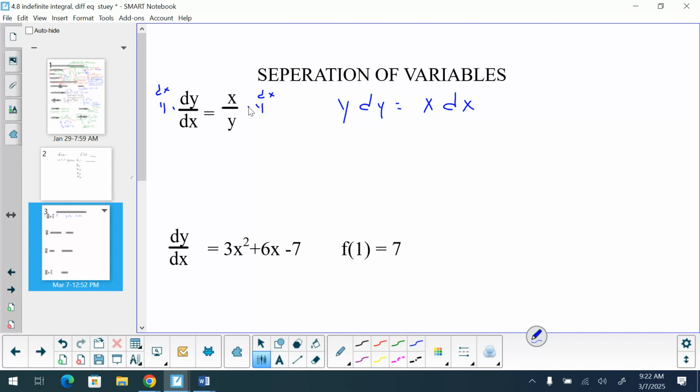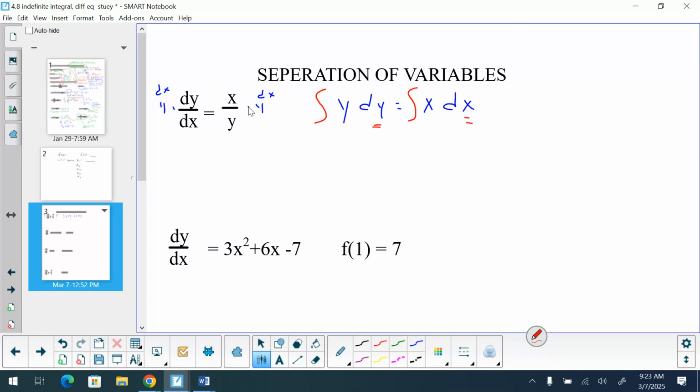What we have done is separated our variables into two sides. We put the y's on one side and the x's on the other. How do we get rid of our differentials? By looking at the antiderivatives. Just like we took the derivative of both sides, we can take the antiderivative to get rid of our differentials. This tells me I want to apply my rules to the y variable, and this tells me I want to apply my rules to the x variable.